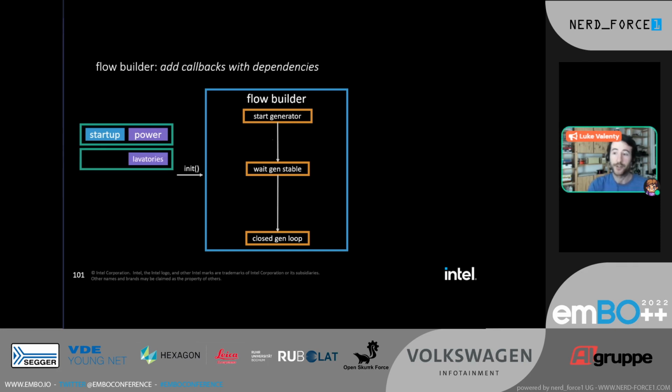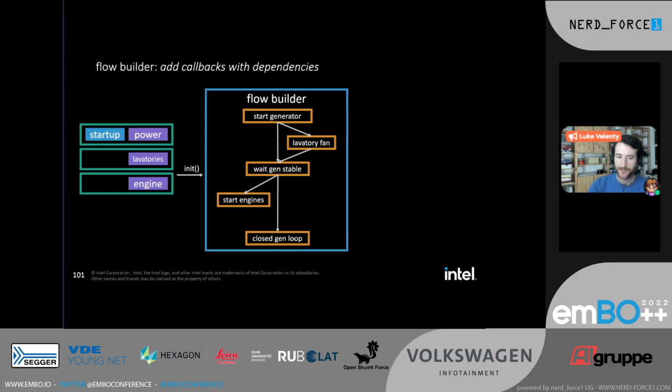Now we have another component, and this component powers the lavatories. This is a big airplane. This is a passenger airplane. And it's really important that right after we start the generators, we turn on the lavatory fan. But before we can turn on the engines, we need to make sure that the generator is stable. So after that step, we're going to start the engines.